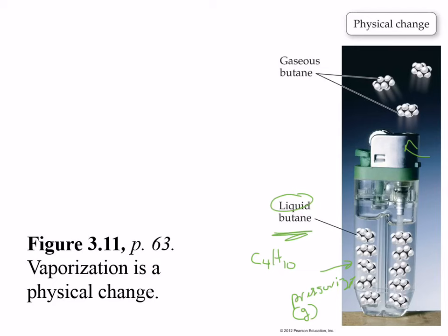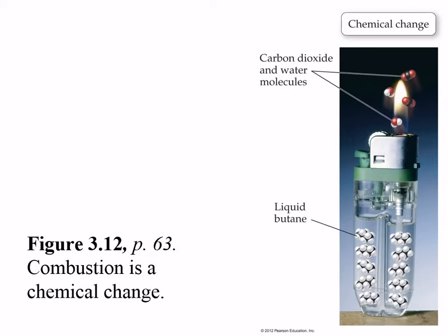So what do you call it if something goes from a liquid to a gas? What's the verb? What's the name for that? There's 2 actually. Vaporization, yep, it's on the slide. Vaporization or evaporation, either one. And that's a physical change. The cute little molecules are the same before and after.